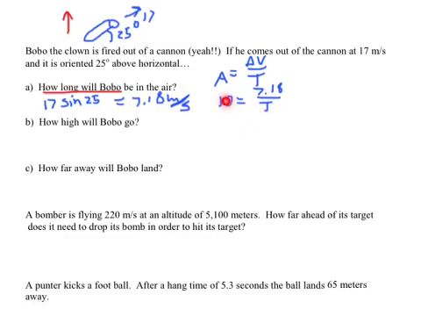So I swap these two. When I divide 7.18 by 10, what I get is Bobo is going to go upwards for 0.718 seconds, and then he's going to come down for the same amount of time. So I have to double that. 0.718 times 2 puts him in the air for 1.4 seconds.